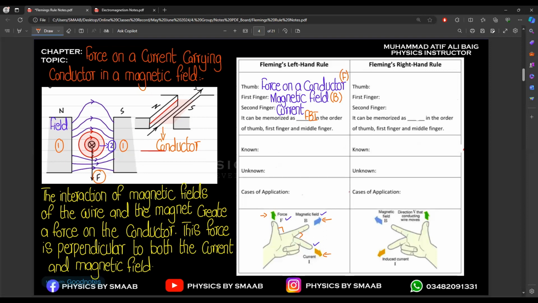So in the diagram, you can see we already know about the magnetic field because magnets are placed. That magnetic field moves from the north pole to the south pole. And secondly, we know about the direction of electric current. So the known quantities are magnetic field and current.